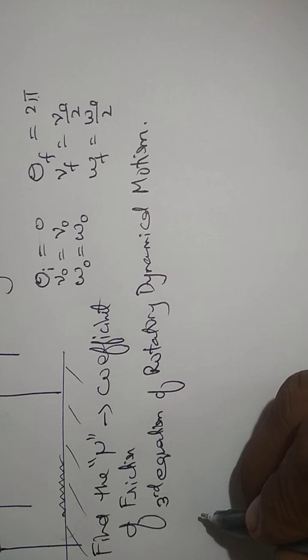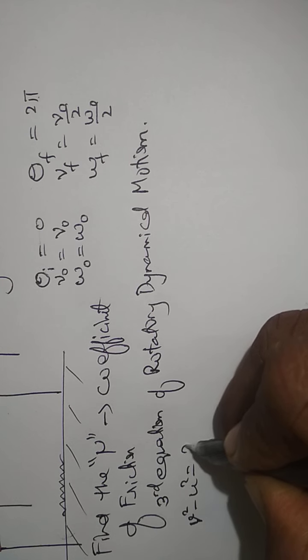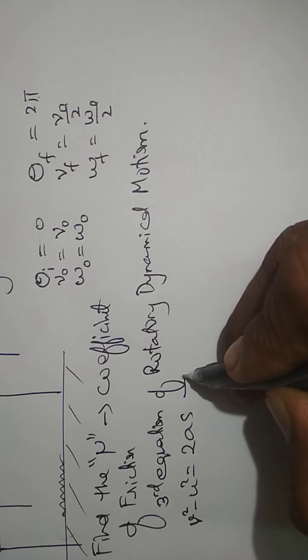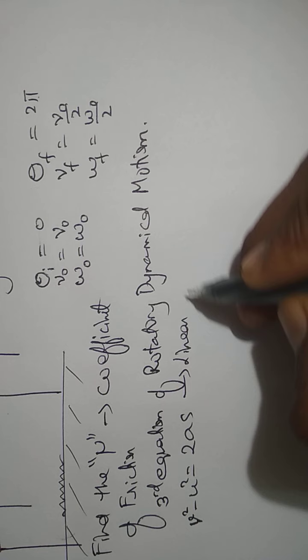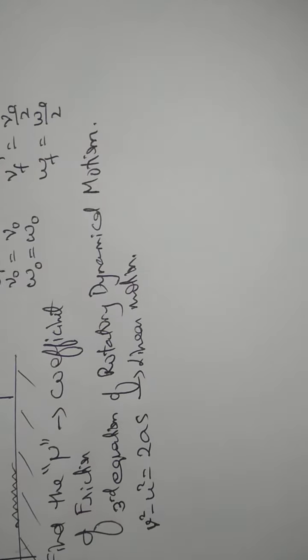It is similar to linear motion. There it was v square minus u square equals 2as. But here it is not linear, it is rotatory.